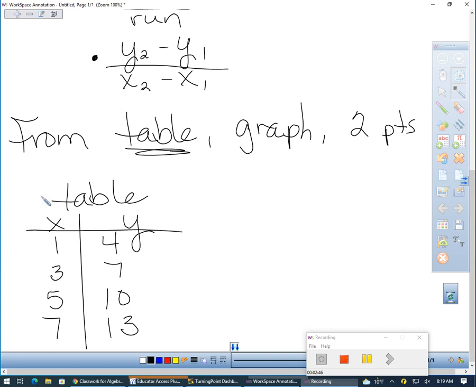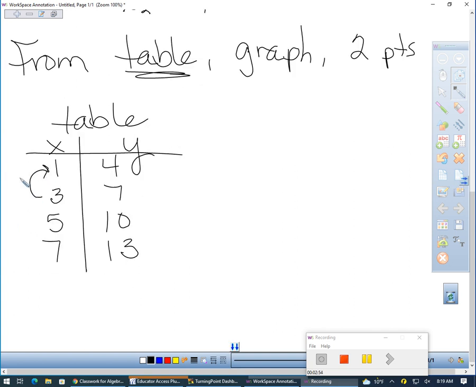So on the left side, we have 3 minus 1 is 2, or the difference between the first two is 2. 5 minus 3 is 2. 7 minus 5 is 2. Then we got to go to the right-hand side and do the y's. 7 minus 4 is 3. 10 minus 7 is 3. 13 minus 10 is 3.